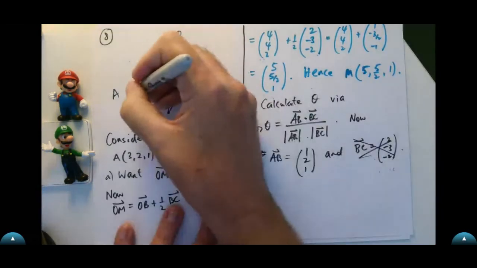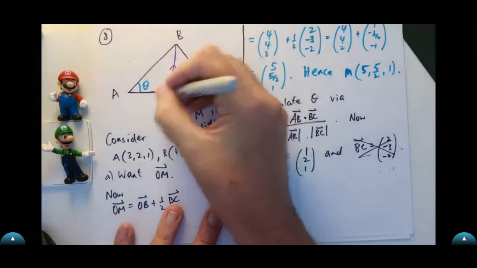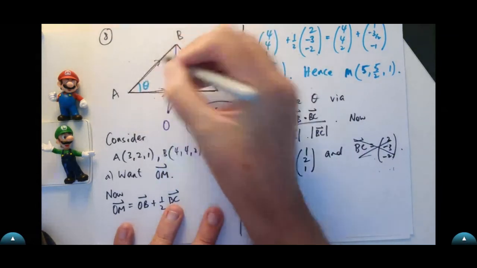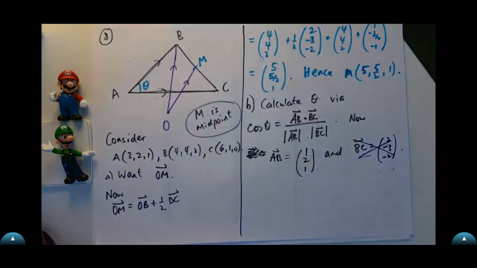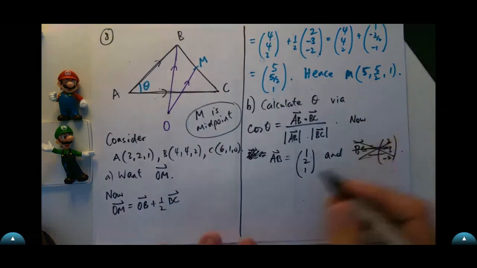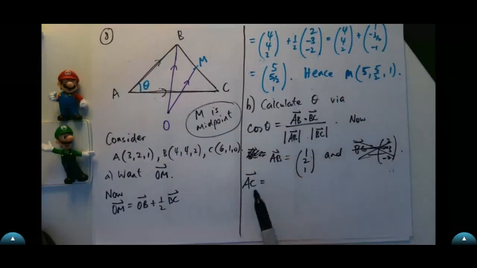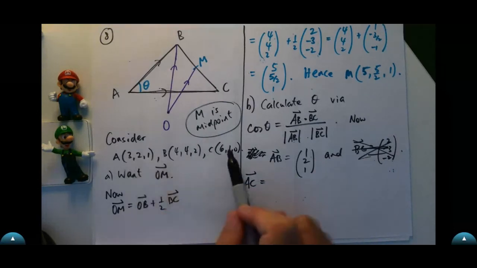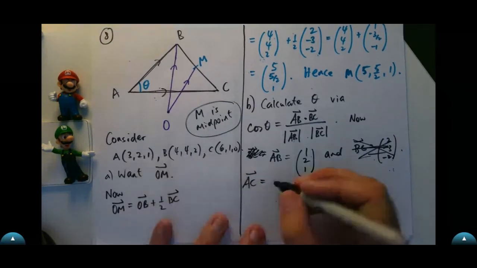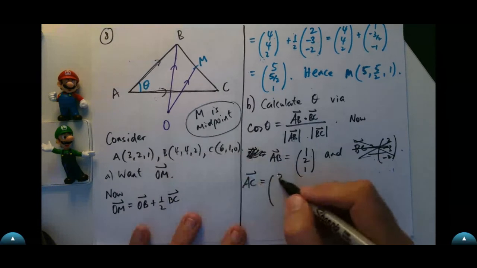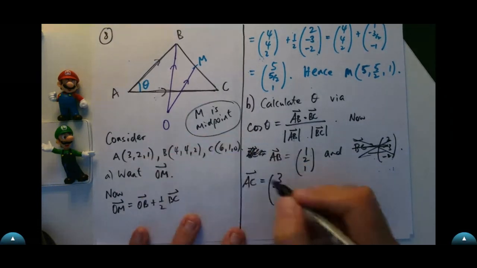Okay, what I want is that vector and that vector. Yeah, exactly. I want AC. Okay, not BC. Gosh, I'm getting confused today. All right, so AC, that minus that, that minus that, that minus that. It's good that you guys are here keeping an eye on me.